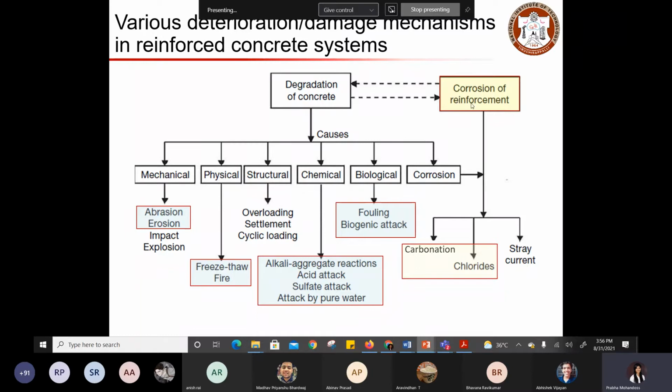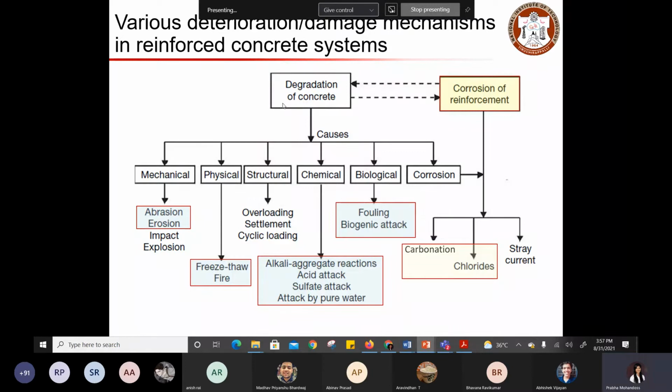When we have corrosion of reinforcement, the main thing that leads to corrosion is carbonation, when you have carbon dioxide entering into a matrix, and then the chlorides, that will lead to corrosion of reinforcement. And stray current, which is typically not in the scope of the reinforced concrete systems that we are talking about in general use, but when you have offshore structures, this becomes a critical thing to play, but those are not in scope of this course.